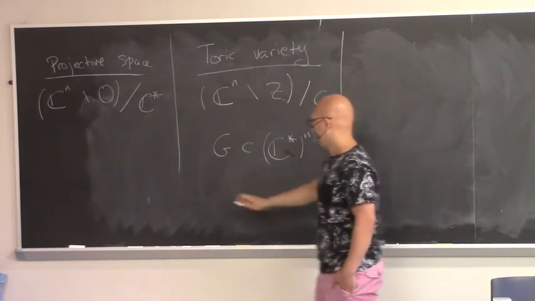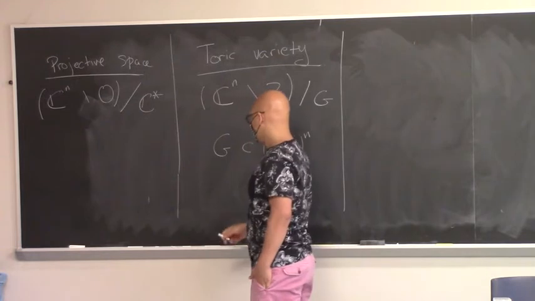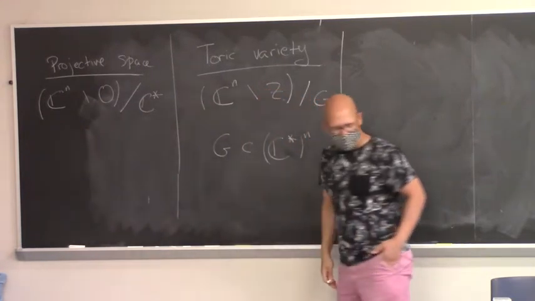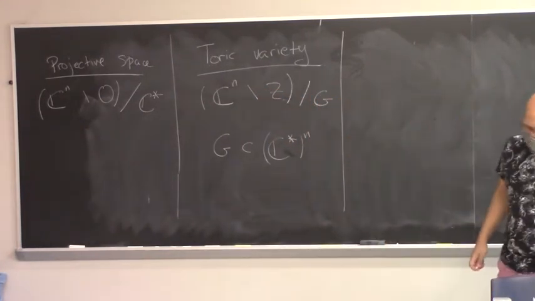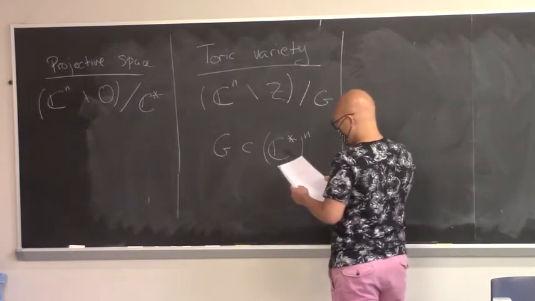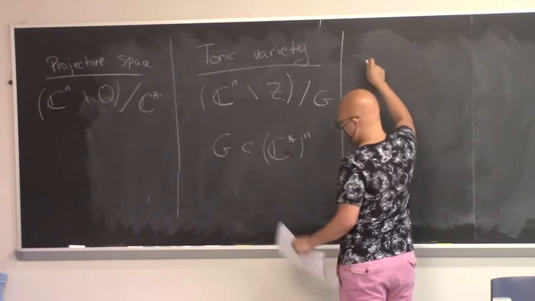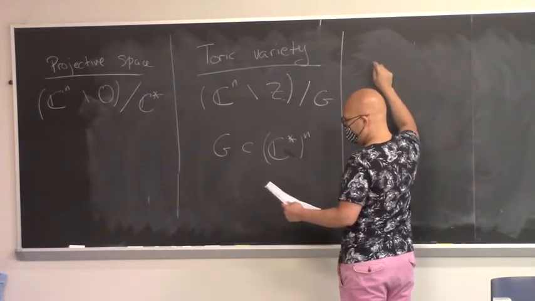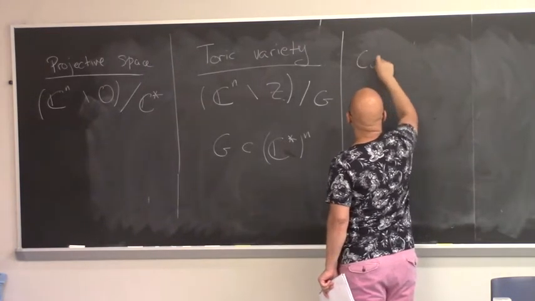This is the kind of presentation you find in the paper of Cox. And the reason I would like to present the toric variety in this way is that it lets me calculate the category of coherent sheaves.